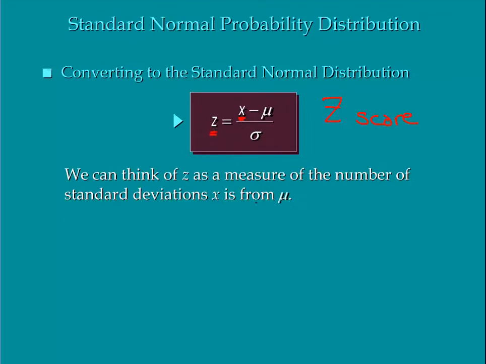We can think of z as a measure of the number of standard deviations x is from mu. And by the way, it applies to all probability distributions, including the standard distribution, but there's not really much of a point to it then. So this is a very important formula, and we will call this simply the standardization formula from now on.